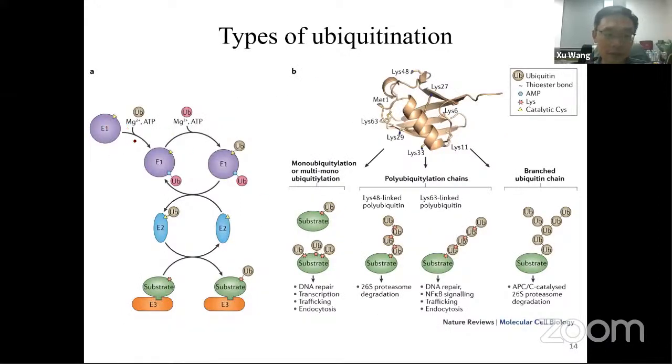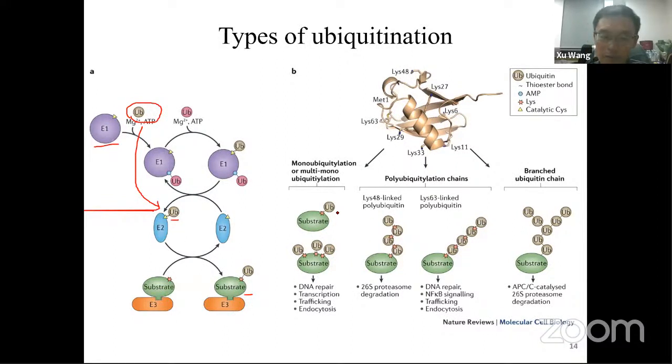So we can see from here again that ubiquitin is first activated by the E1, and then the activated ubiquitin is transferred to an E2. In the final step, the ubiquitin is attached to a protein substrate by an E3.